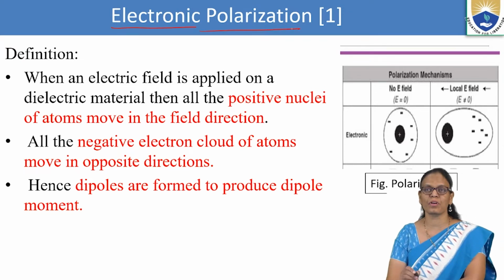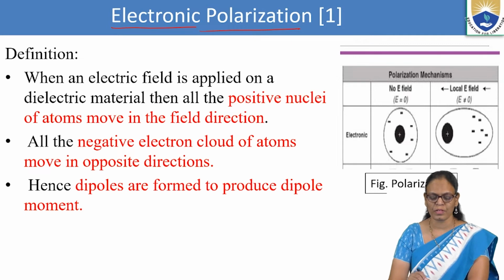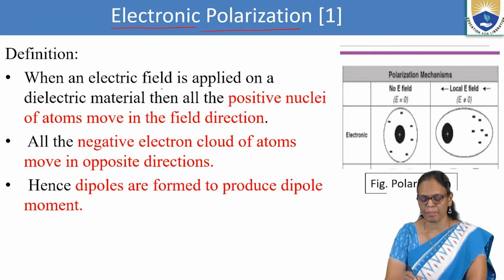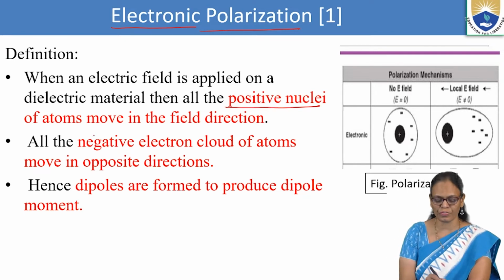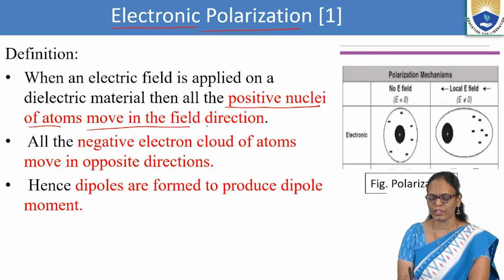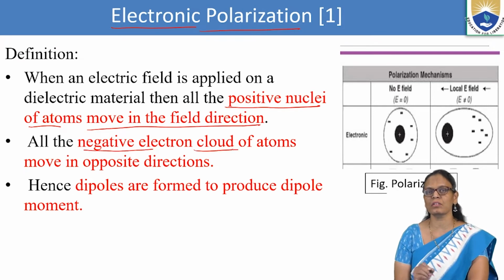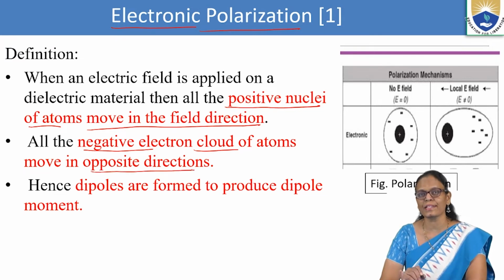What is electronic polarization? When an electric field is applied on a dielectric material, all the positive nuclei of the atoms move in the field direction, and all the negative electron cloud moves in the opposite direction. This is what happens in electronic polarization.